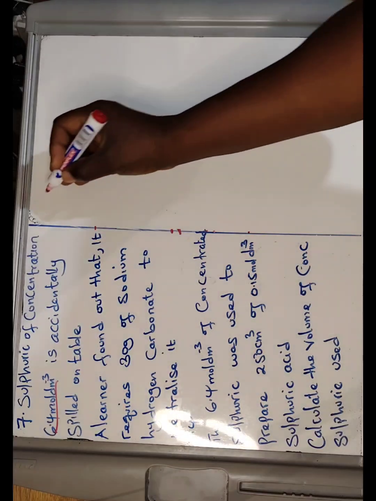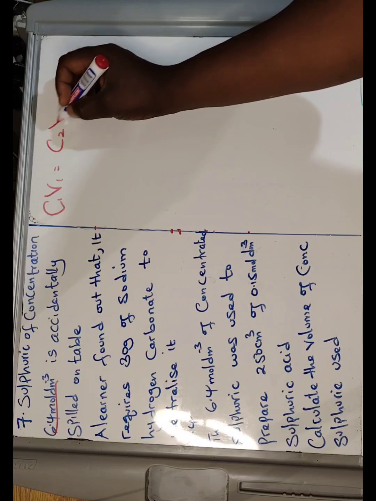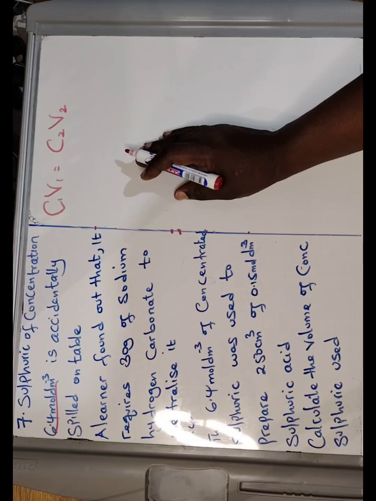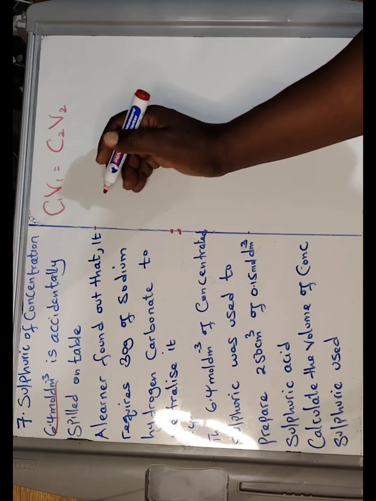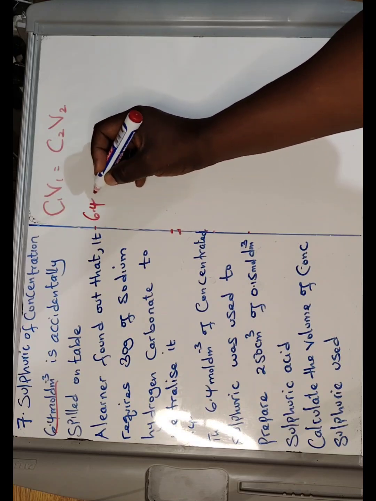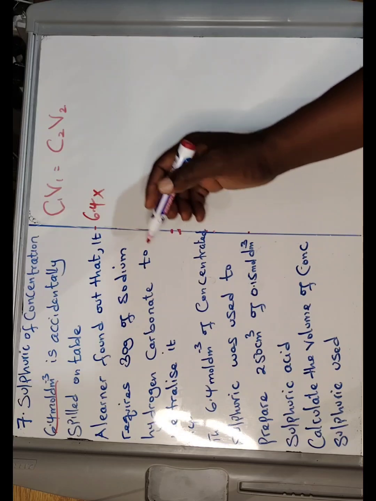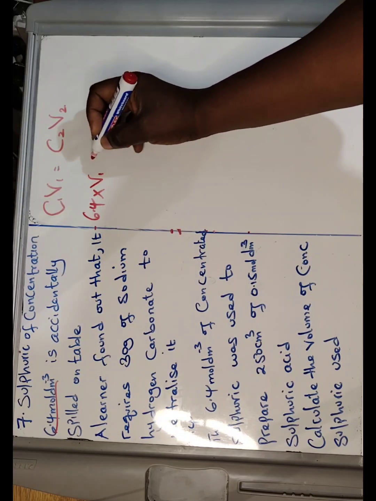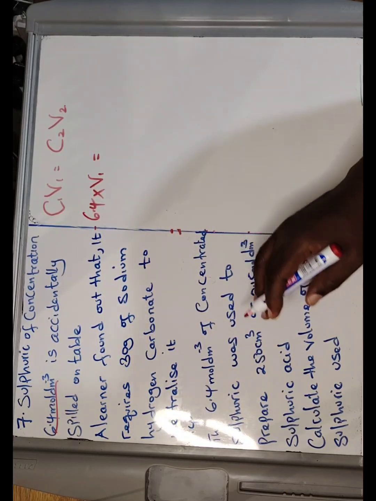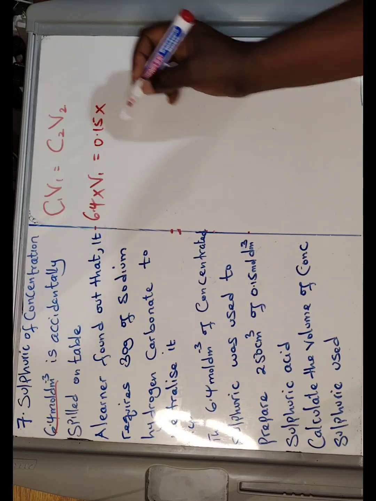The equation for dilution is very clear: C1V1 equals C2V2. We can call this one the original conditions, the concentrated one. The concentration is 6.4. The volume is wanted. The concentration which we are preparing is 0.15.